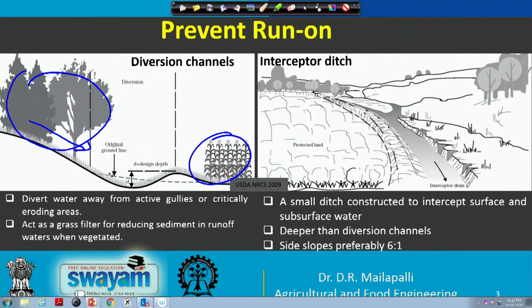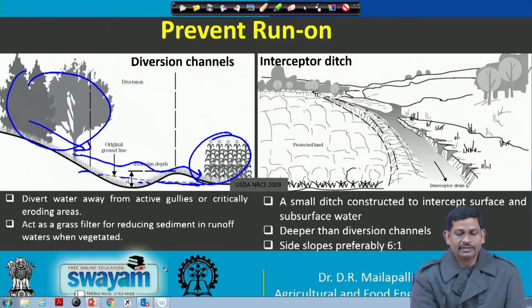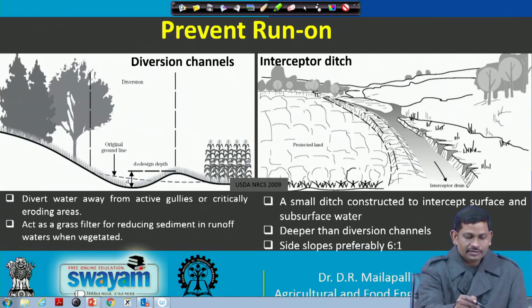That may carry a lot of eroded particles. If this is the original slope and nothing is constructed, no diversion channels, what happens? The runoff can carry sediments and dump them into the agricultural fields. That's the main thing.